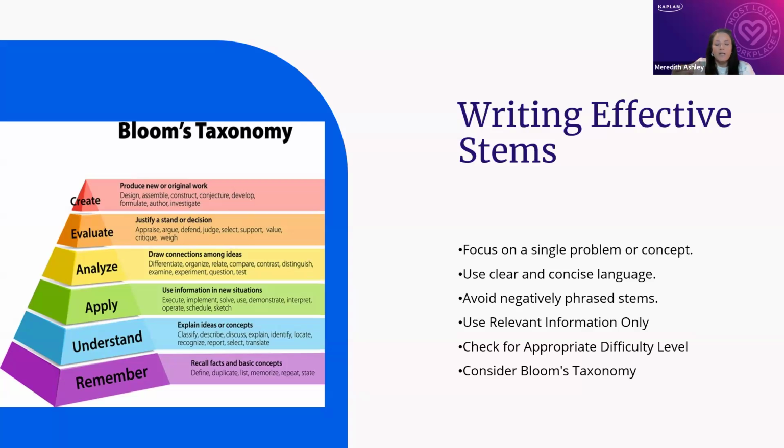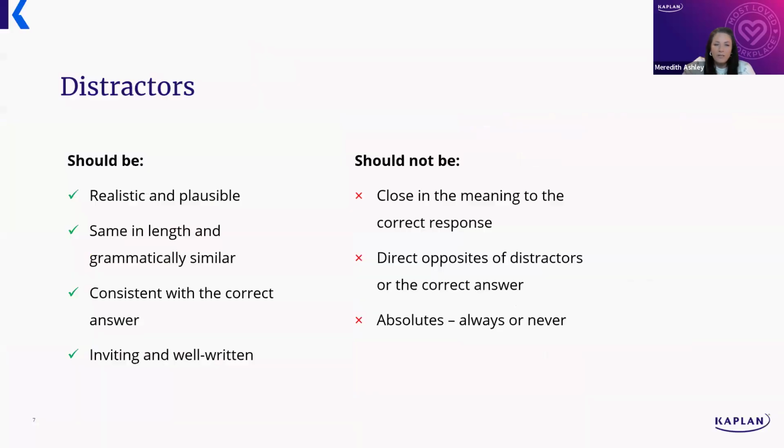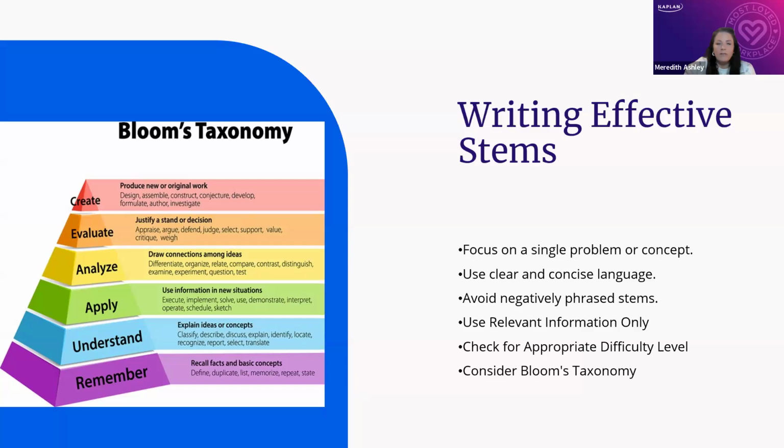Unnecessary wording and unnecessary information can lead to test anxiety for these test takers, and we already know they come in super anxious to begin with. We do want to check the appropriate level of difficulty, because depending on the level of the student, they may need a certain percentage of the test to be application and analysis, and then they may need some of that to be tested on their knowledge and remembering level.